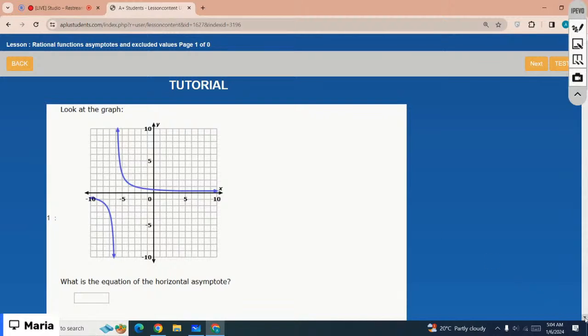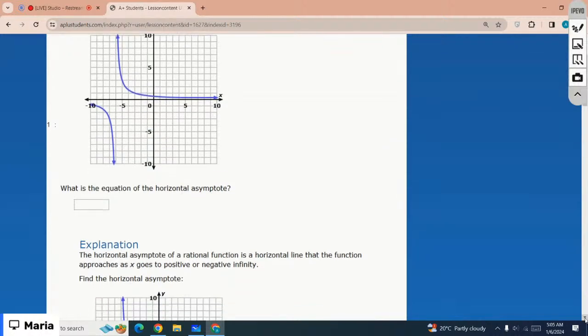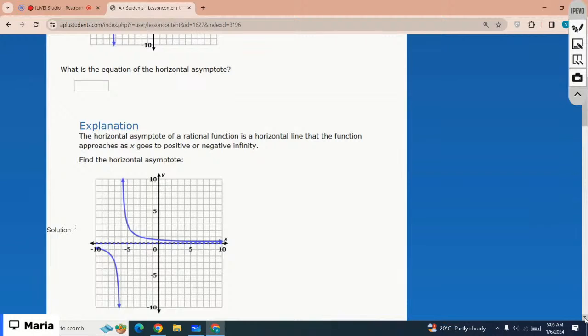Look at this graph. What is the equation of the horizontal asymptote? The horizontal asymptote of a rational function is a horizontal line that the function approaches as x goes to positive or negative infinity.